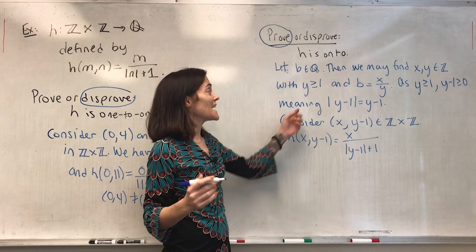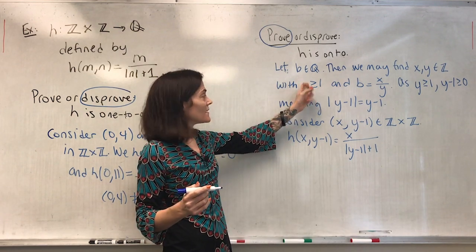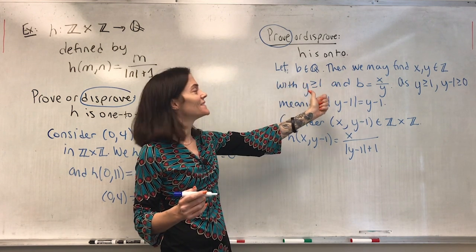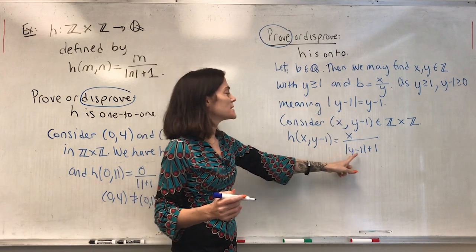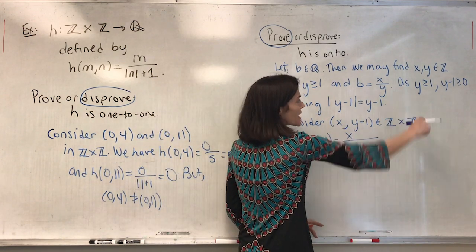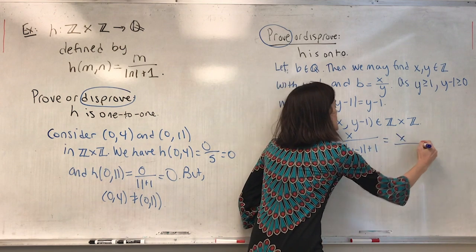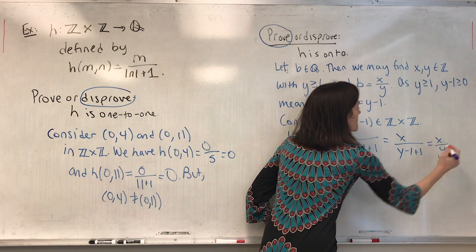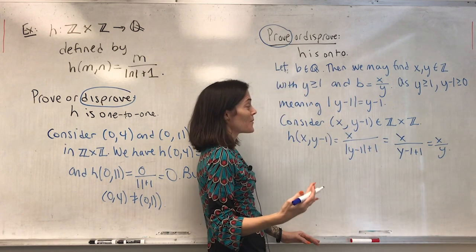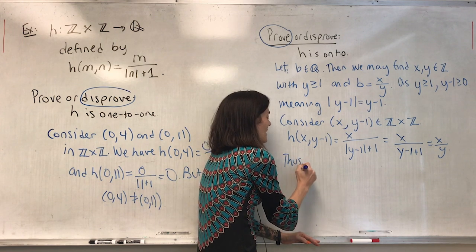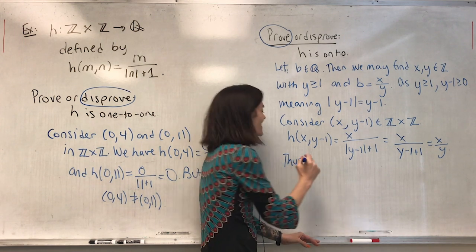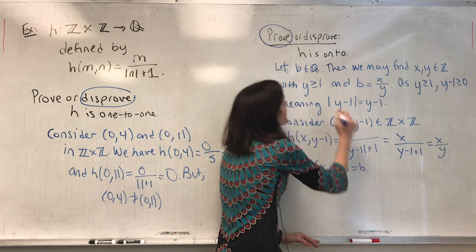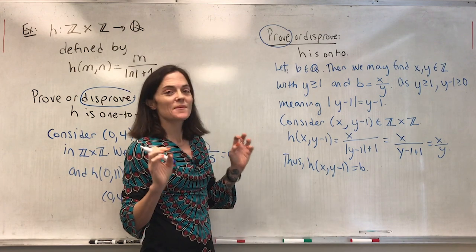But the whole reason I found this representation of b with a positive Y in the denominator is so that I could take this next step, which I have already justified, that this equals here, and this is X over Y. And, well, maybe I should say one more thing: X over Y was our b that we started with, so thus H of (X, Y minus 1) is this b. And this is what we needed to show something is onto.